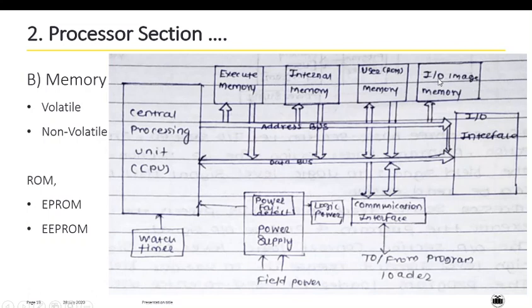So it just stores the status of input, whether input has arrived or not, or the status of output, whether output has arrived or not. So this is your IO memory, and there is an executive memory. This executive memory will hold the executive software.